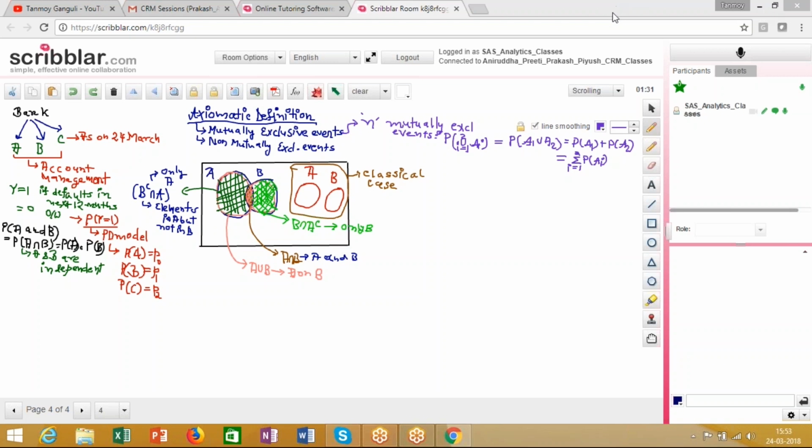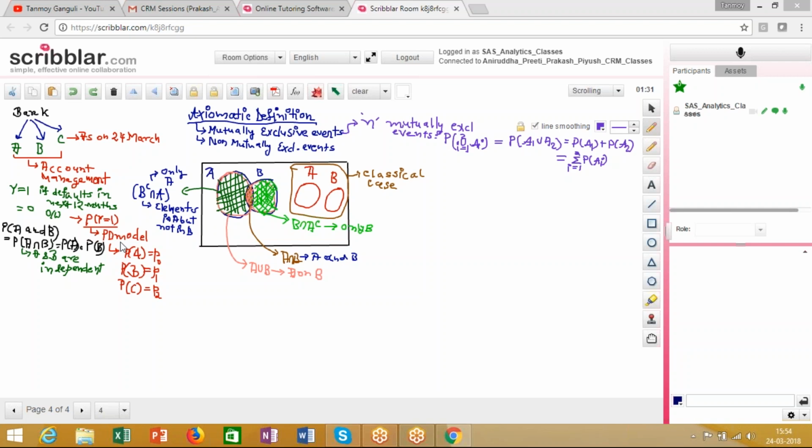To relate it to this concept, you just need to look into this example, right? So there is probability A, probability B, and probability C of three of these borrowers. Now, if I want to know the probability of A and B to default, A and B are independent over here, right?